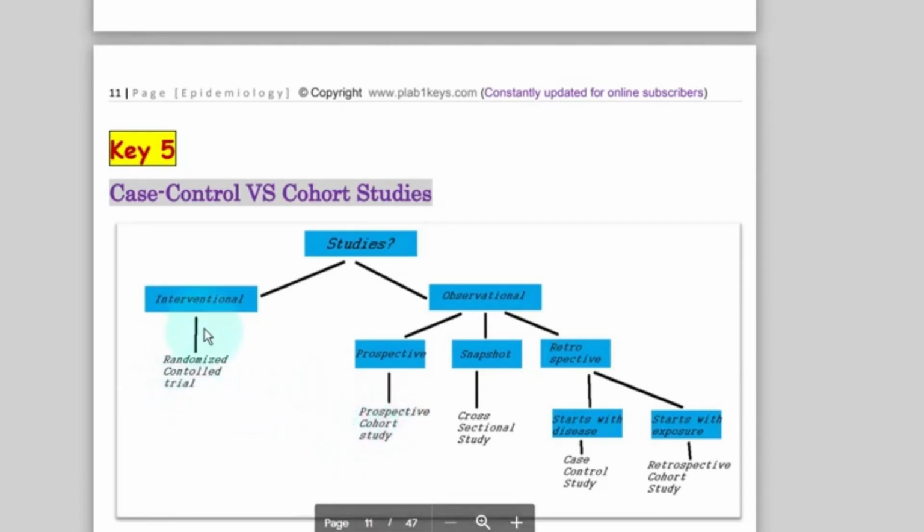Here, the word study does not come, it's called a trial. That means you're trying something. If it's a study, that means you are observing something. Okay. Now what is prospective? What is retrospective? If you could just clarify these terms, your life will become much easier.